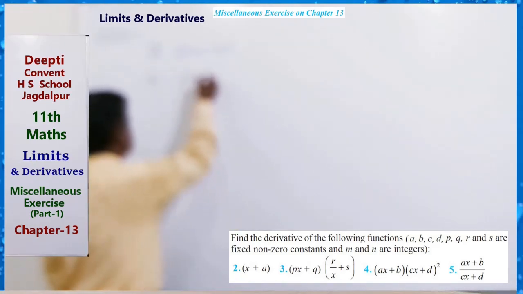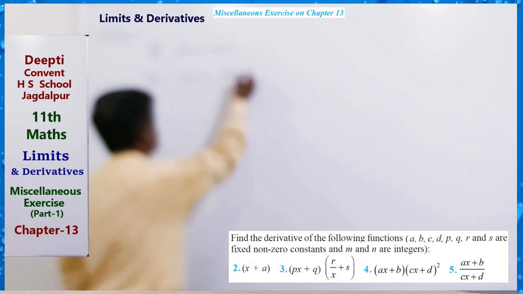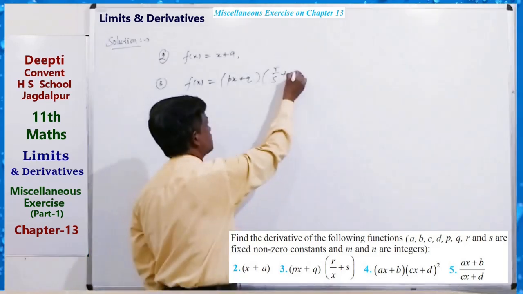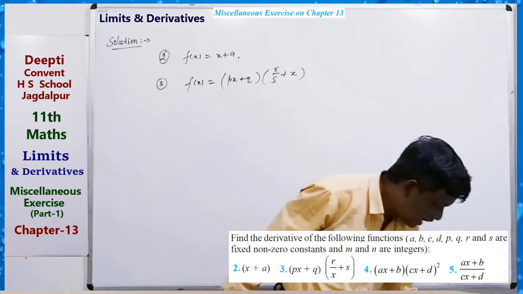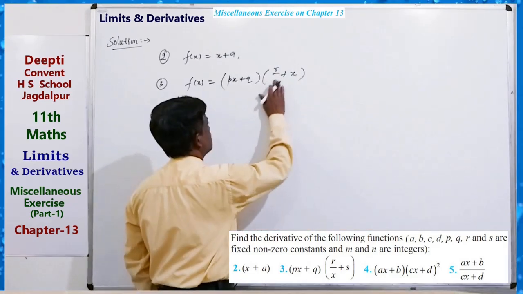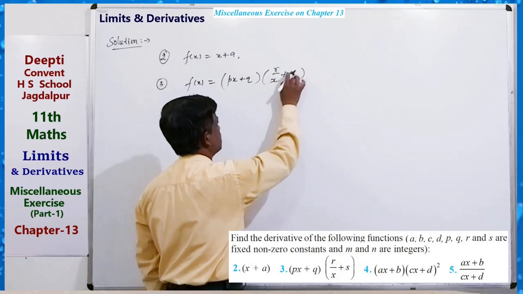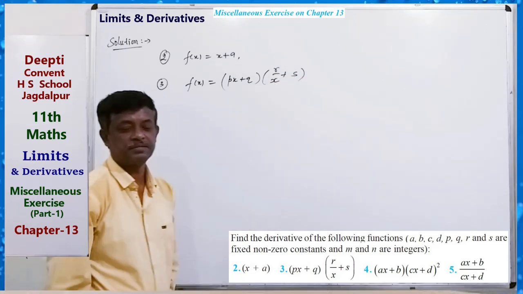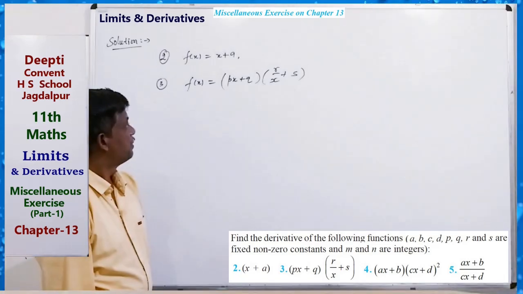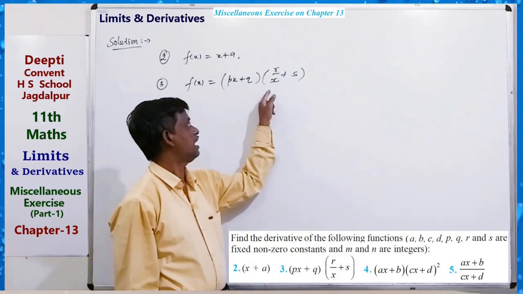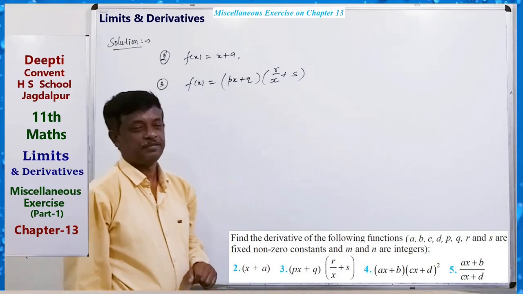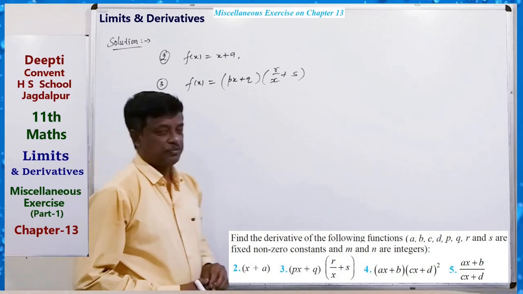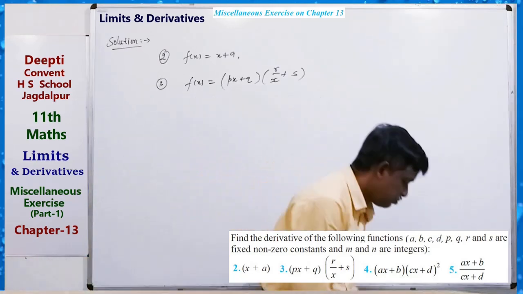f(x) equals (px + q) into (r by x + s), just like this. Okay, (px + q)(r by x + s), finding the derivative of this. So we can find the derivative by using which rule?